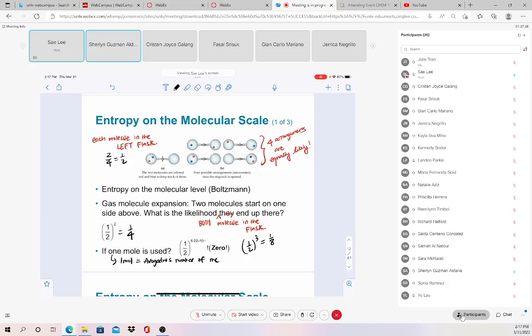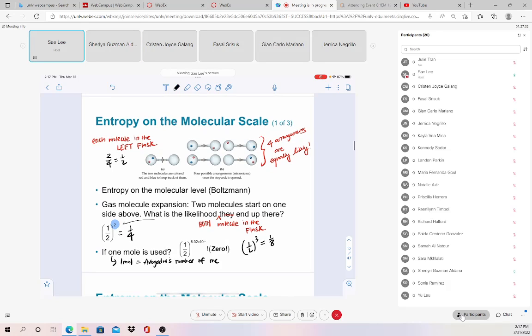Oh, did I not explain that? Yeah, so this is the number of molecules. So if you have a large amount of molecules, such as Avogadro's number of molecules, for example, if you take the probability 1/2 raised to the power of Avogadro's number, that's going to be a very, very small number close to 0.